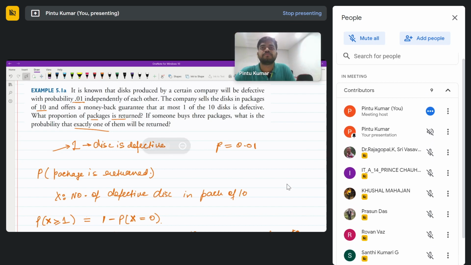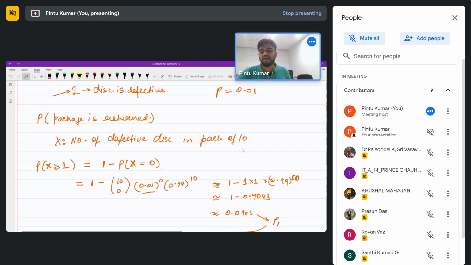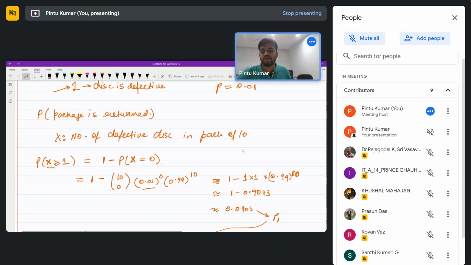So then the question is what is the probability of one or more defective in the pack? Once you find it, then you can apply Bernoulli. So that's what we did. Here we calculated the probability that one or more than one is defective. But that's the small doubt.